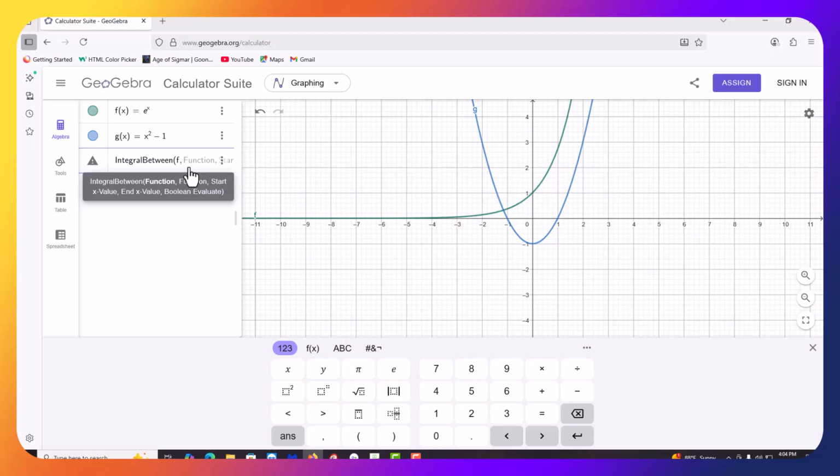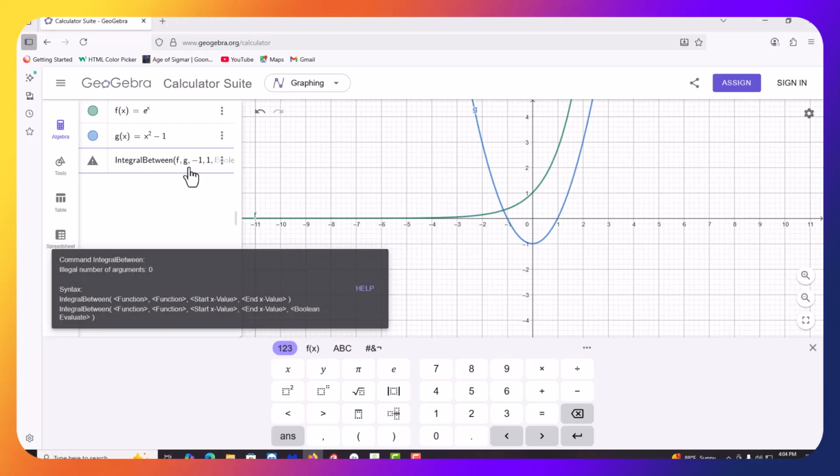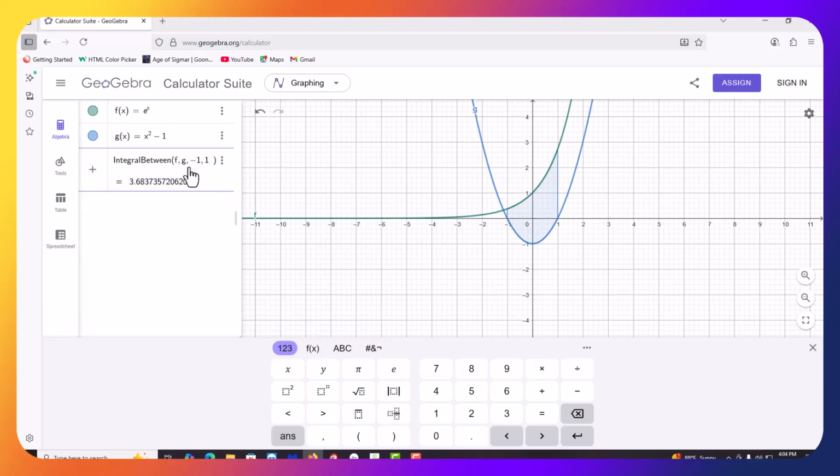So function f, function g, we start at -1 and we go to 1. There you go. That's one way you could do it.